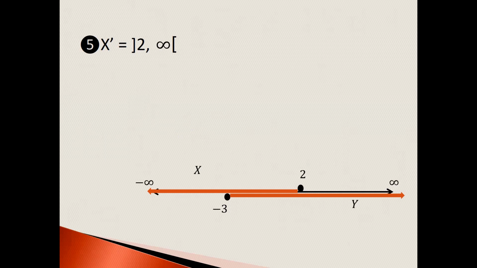If I cancel the numbers in X, the answer will be 2 and infinity. 2 and infinity is not included in Y, so I'll take it. 2, I opposite it because 2 is included in X but not included in Y, so I'll take its opposite interval. It will be open, and infinity is always open.